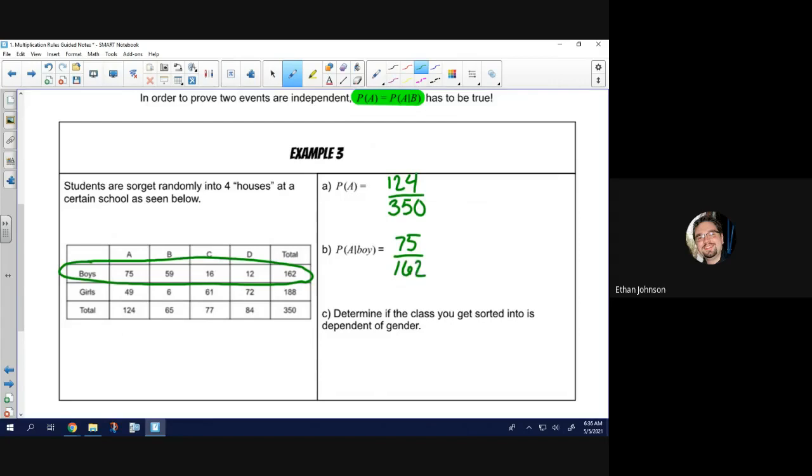Now, like I said, it's really hard to compare fractions. So let's convert them to decimals so that way they look nicer. So 124 divided by 350 gets us roughly 0.35. And 75 divided by 162 roughly gets us 0.60.